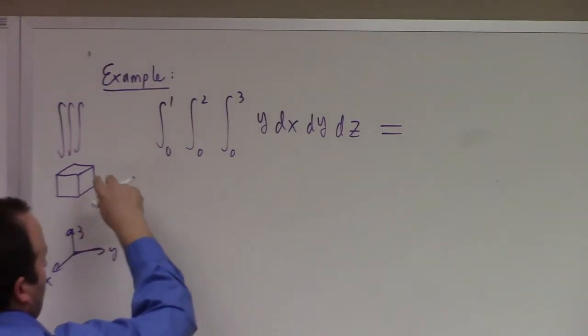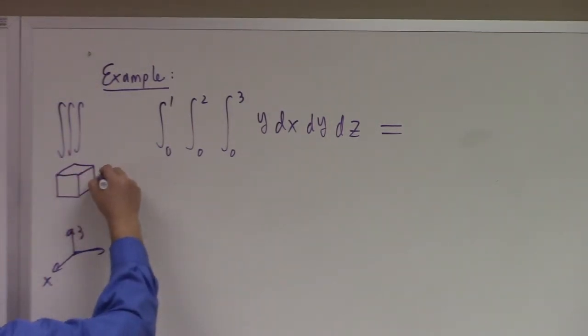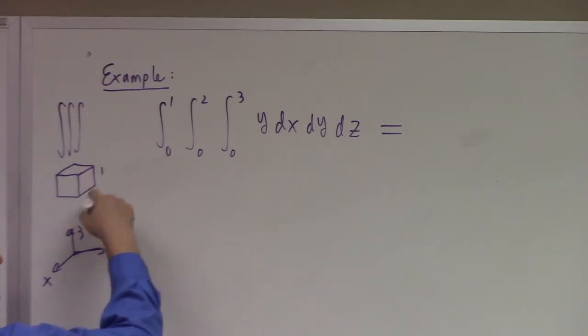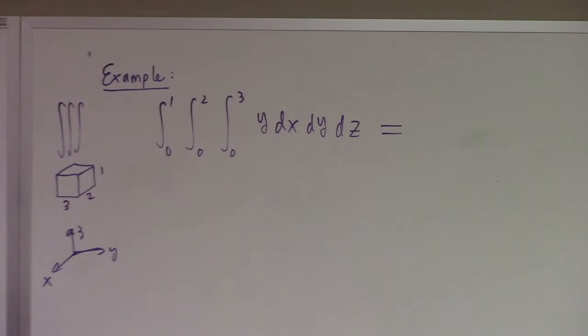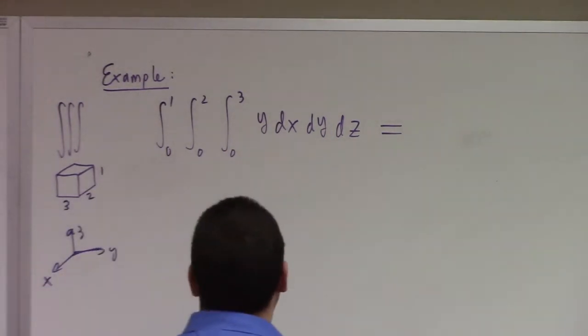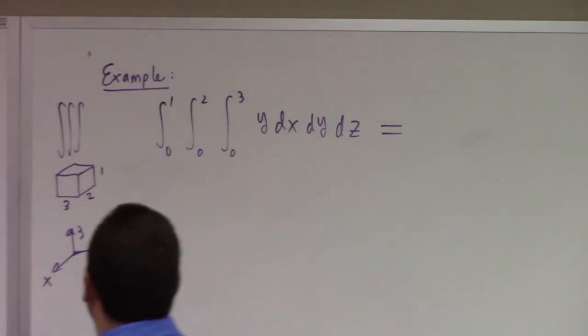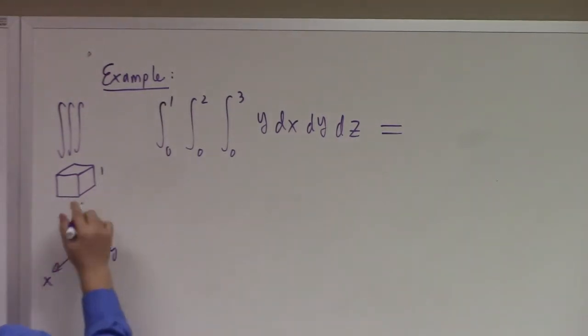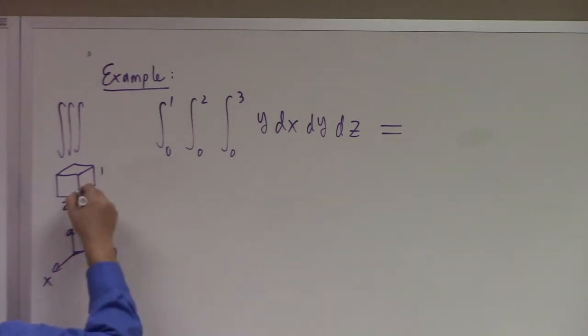So the height of this box is 1, the y is the 2, and the x is the 3. You're right.